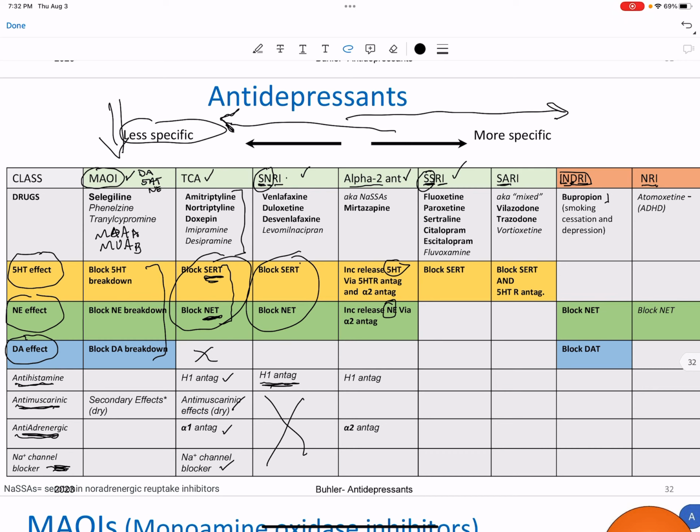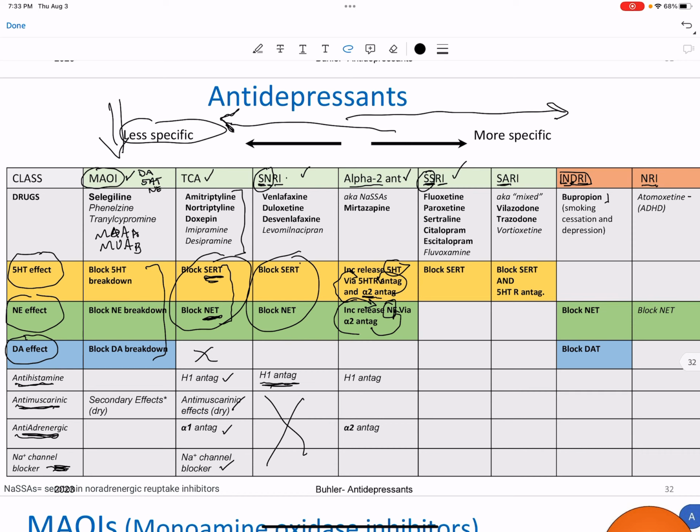So we're going to look at some drugs that have some kind of more complex pharmacology, like this alpha-2 antagonist that has some circuit effects on serotonin and has some circuit effects on norepinephrine. But those are going to be much more specific to particular brain regions and not everything. So we would figure that is more selective than an SNRI.